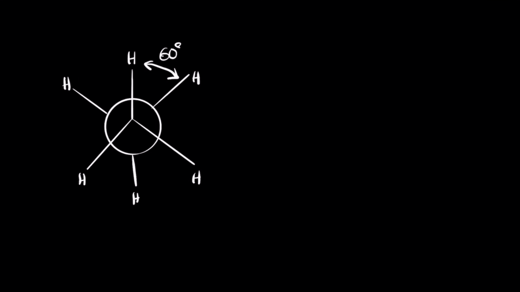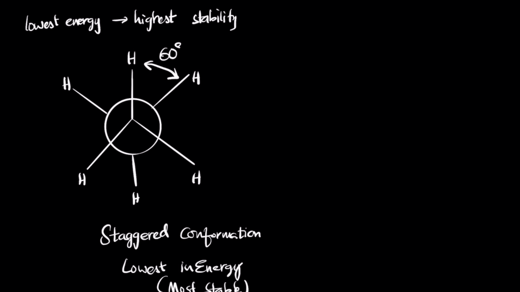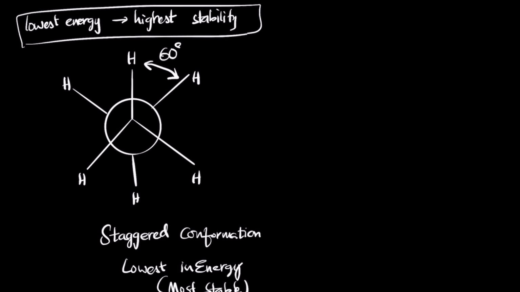This is also called the staggered conformation. And this is generally lowest in energy, and this is also the most stable structure. So the idea in organic chemistry is that the molecule that has the lowest energy has the highest stability. So remember this principle, that the lower the energy, the higher the stability.